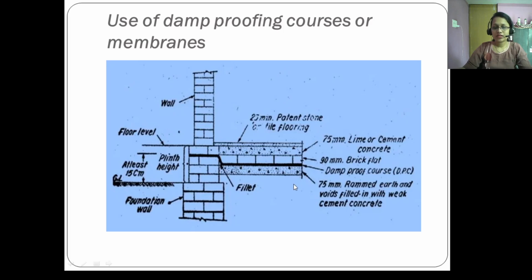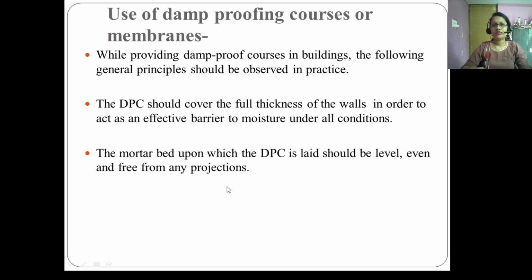When a horizontal DPC, that is that of a floor, is continued to a vertical face, a cement concrete fillet of 7.5 centimeter radius should be provided at the junction. The DPC should not be exposed on the wall surface, otherwise it may get damaged during the finishing work. As you can see here, this is the damp-proofing course which is laid, and this is the fillet which is provided.